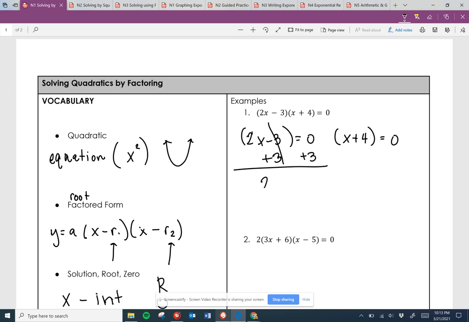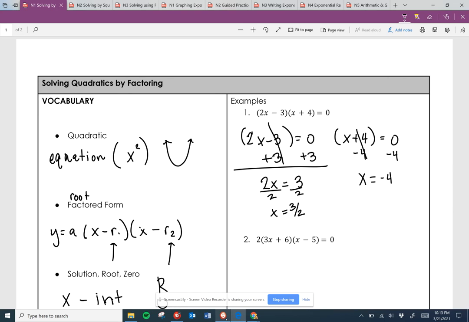So that gives us 2x equals 3. Then we'll divide both sides by 2, and we'll get x equals 3 over 2, which you know is the same as 1.5. Over here, we need to cancel out that plus 4, so we'll do that by subtracting 4 from both sides. This will give us 0, so we'll end up with x equals negative 4.